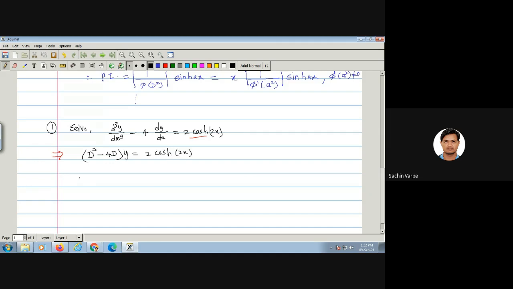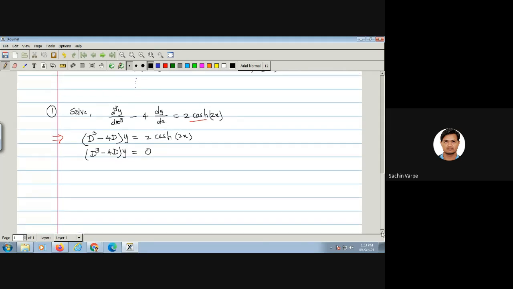Its homogeneous differential equation is D cube minus 4D times y equals 0, because the solution of the homogeneous differential equation is nothing but the complementary function. To find the solution, we consider its auxiliary equation, that is D cube minus 4D equal to 0.